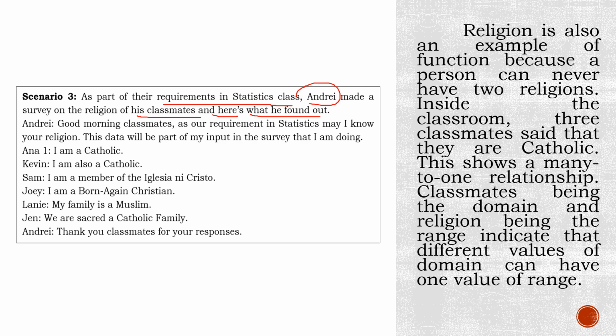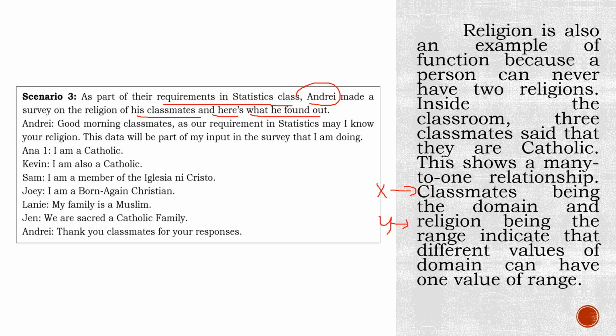Classmates being the domain and religion being the range indicate that different values of the domain can have one value of the range. So in this case, it's still a function. Why? Because if we assign the students as the domain and the religion as the range, the domain will be your x and your religion will be your y.